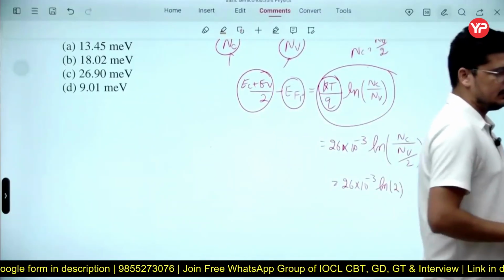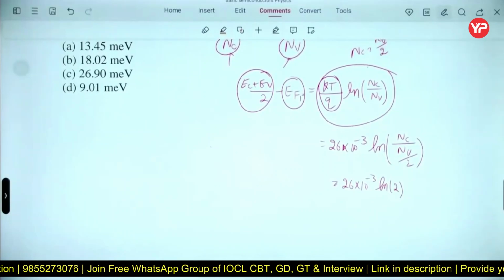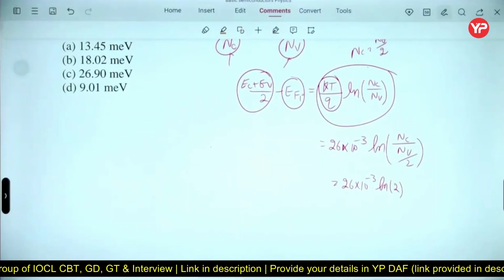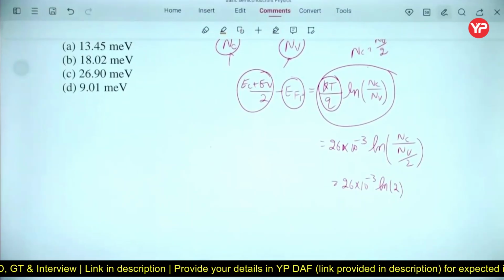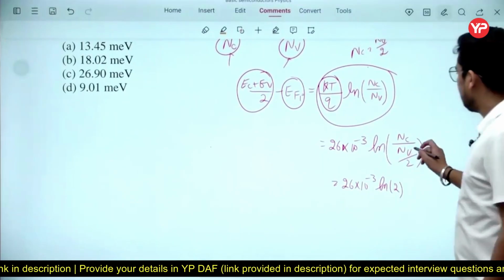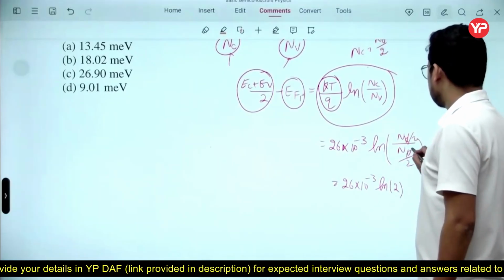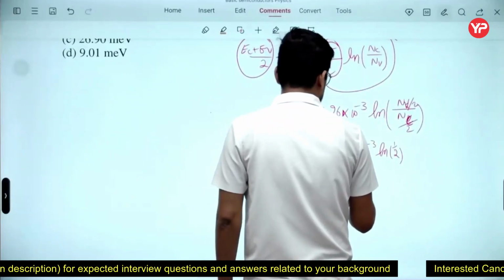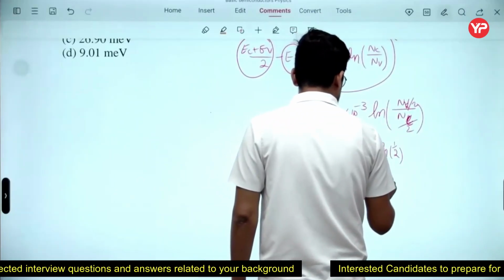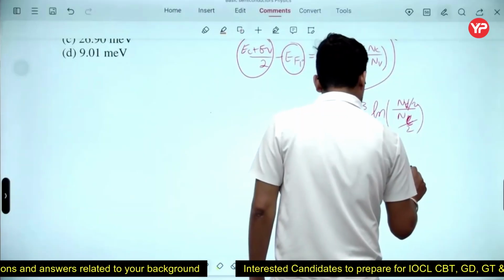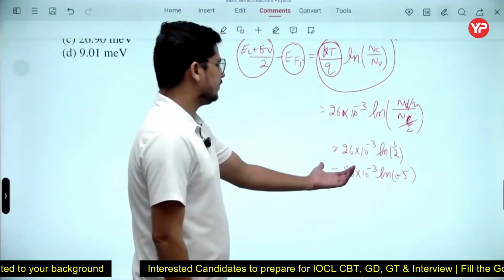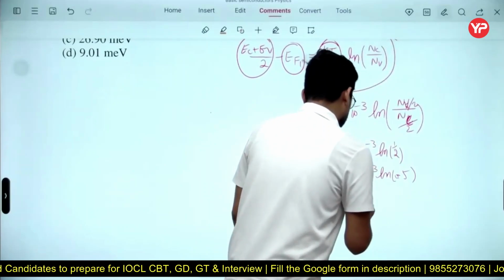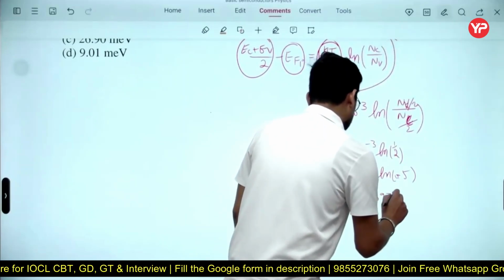Did I write it correctly or not? Okay, NC, I wrote it wrongly. NC is equal to NV divided by 2. So NC over NV is 1 by 2. That will be 26 into 10 raised to power minus 3 times ln of 0.5. Whenever you solve it, ln 0.5 gives you minus 0.6931.